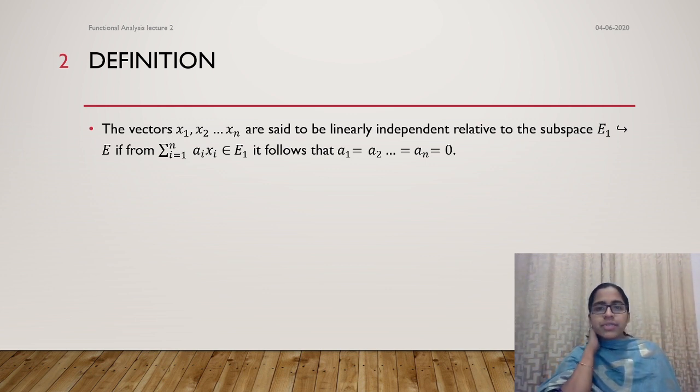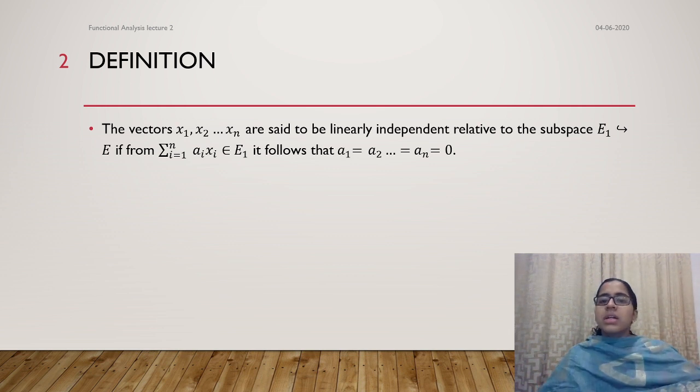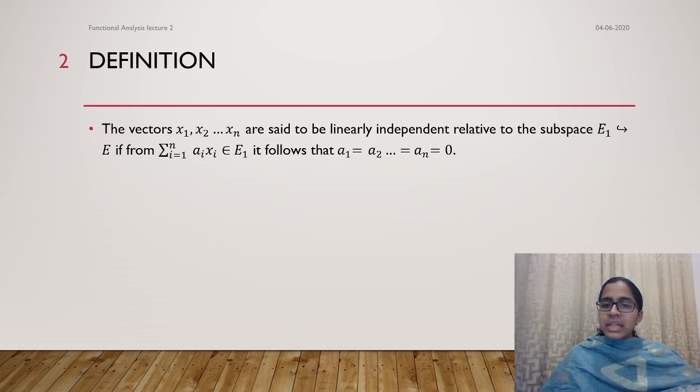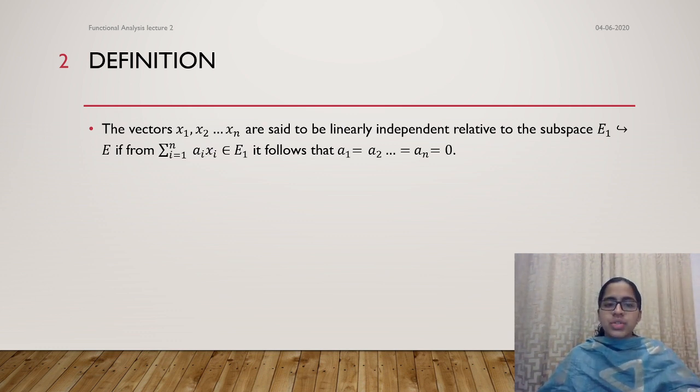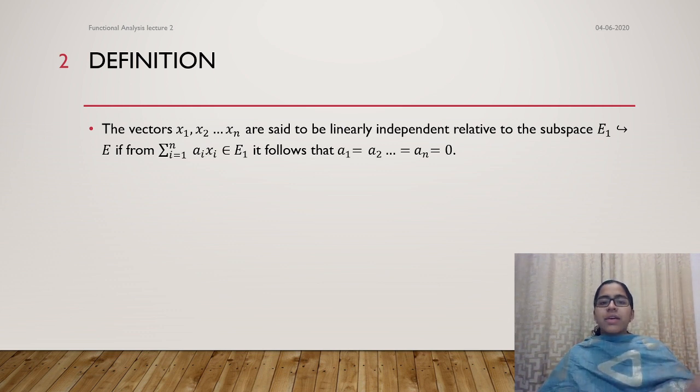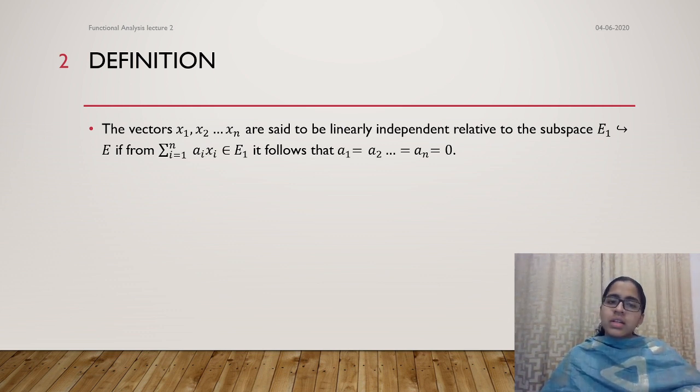So there is a slight difference from our usual definition of a linearly independent set. The difference is that whenever summation i equal to 1 to n ai xi is an element of E1, the corresponding scalars must be equal to 0.